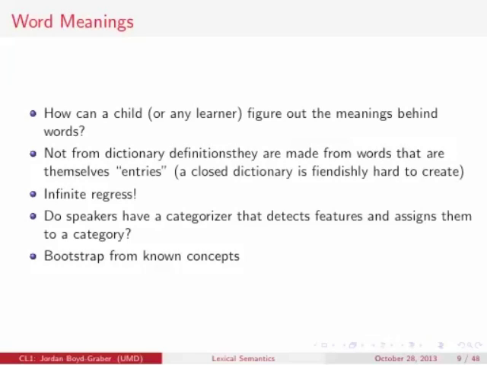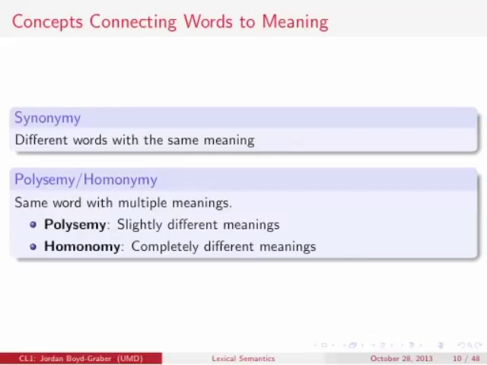How do we actually organize our mental lexicon? Before we tackle that, we need to introduce some terminology. So first, there's this concept of synonymy. Different words have the same meaning. We'll see examples of this in a second, but for example, car and automobile, these are words that refer to the same thing, more or less.